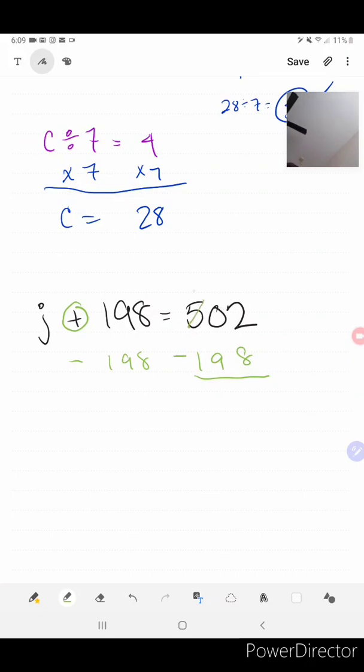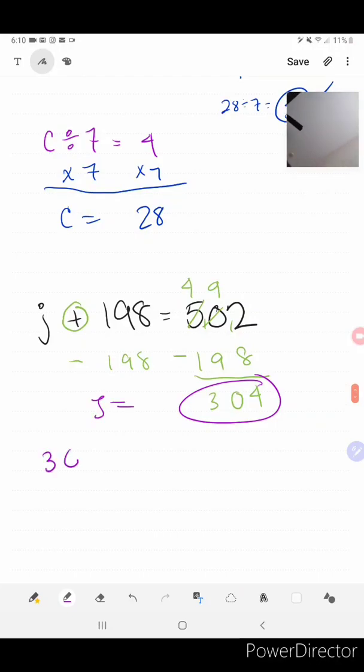So if we subtract this, 12 minus 8 is 4, 9 minus 9 is 0, 4 minus 1 is 3. So if we want to check our answer, J equals 304, we're going to add it to 198 to see if it's true.